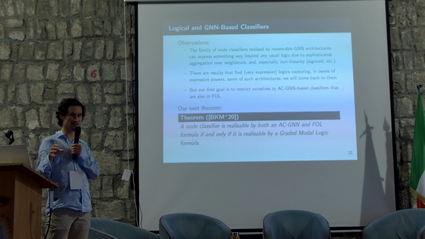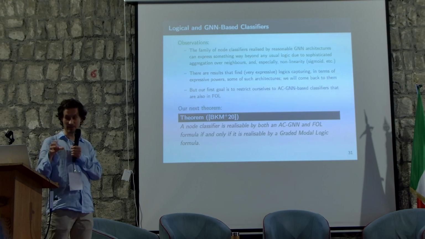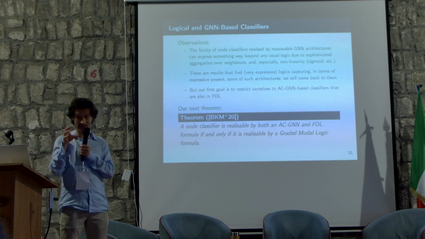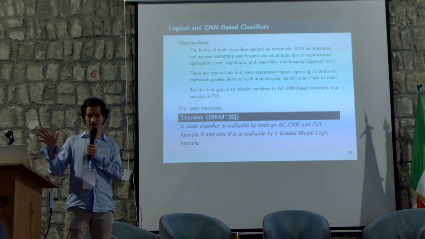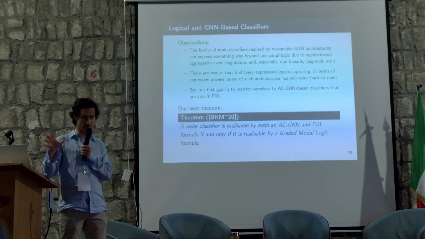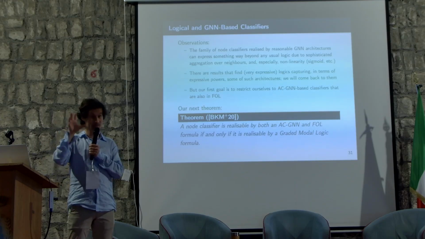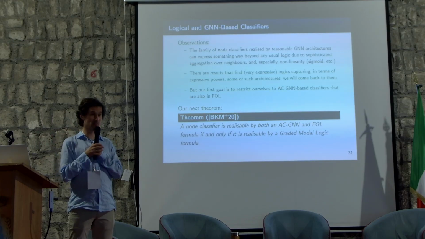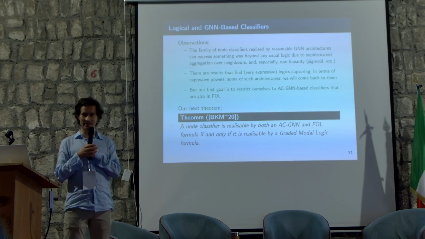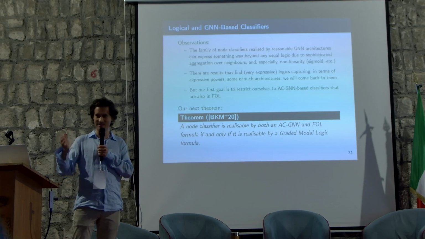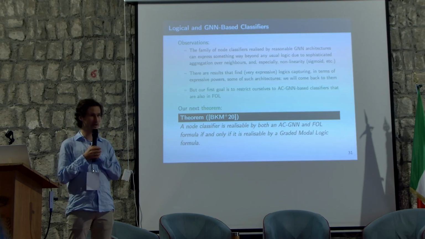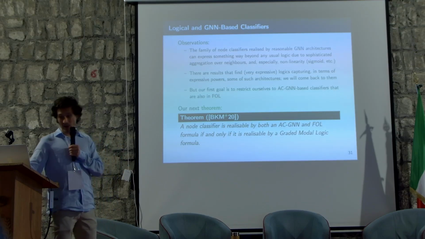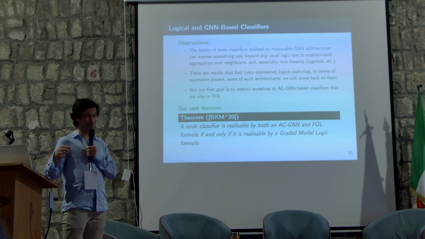And it's kind of interesting that I get precisely, when I intersect AC GNNs with something very different, first order logic, well, unary formulas of first order logic, this intersection is precisely graded modal logic. If you don't know what graded modal logic is, it doesn't matter, but it's a famous formalism in logic, some fragment of first order logic. Okay? And well, one direction here is fairly straightforward.